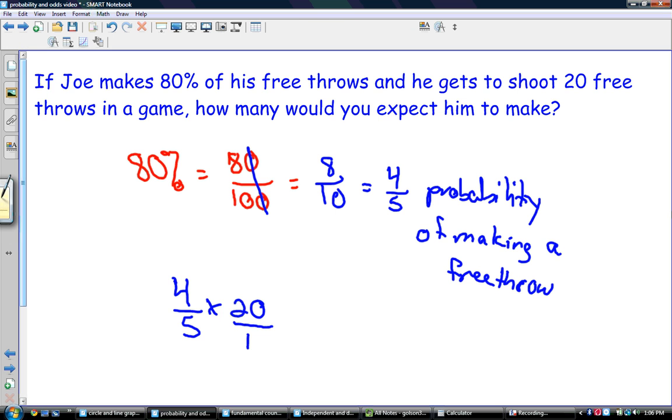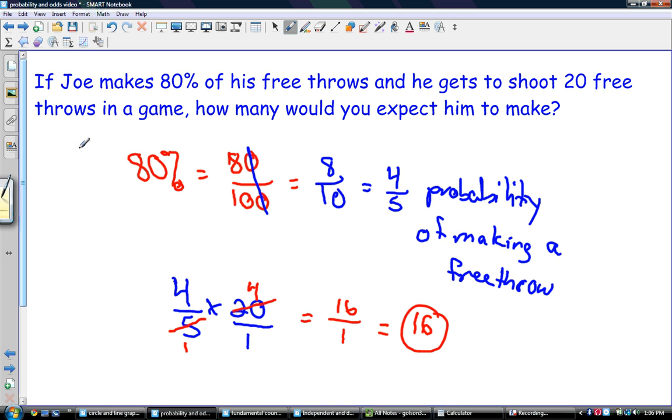I can reduce, because 5 goes into 20. I can reduce that. 5 goes into 20 4 times. Then when I multiply, 4 by 4 is 16. 1 by 1 is 1. And I would guess that he's going to make about 16 out of those 20 free throws. So that's how you can use a probability to make predictions about what will happen.